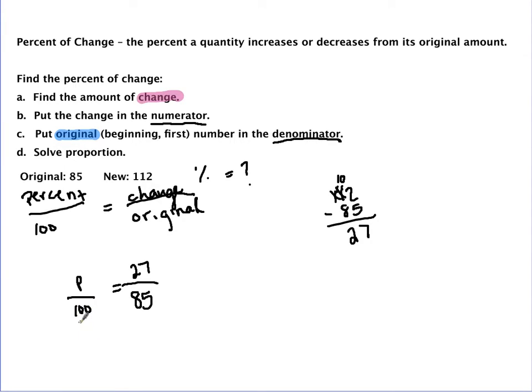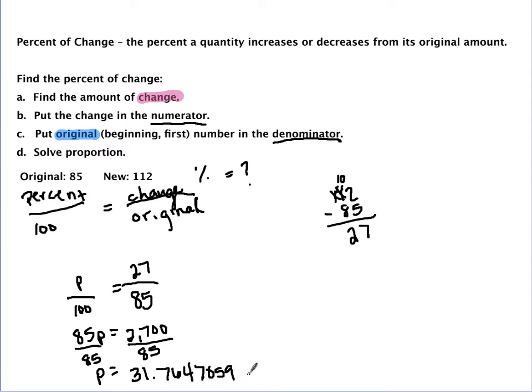Okay, from here, everything is just like normal. You're just finding a percent. The difficult part is remembering that it's change over original. So in this case, I would have 85 times P is equal to 100 times 27, which is 2,700. I divide both sides by 85. And I get P is equal to 31 and this long big number, 7,059.